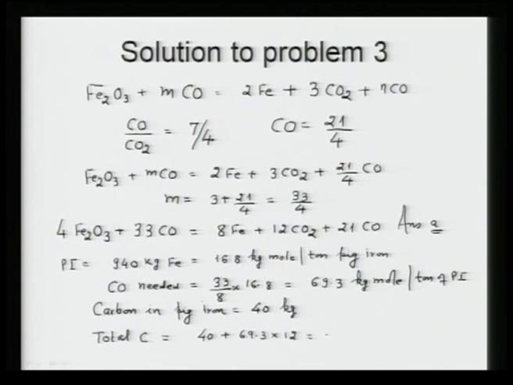So, that is equal to 871.6 kg, and from here we can find out the amount of coke. We are given coke has 85% carbon. So, that will be 1025 kg per ton of pig iron.